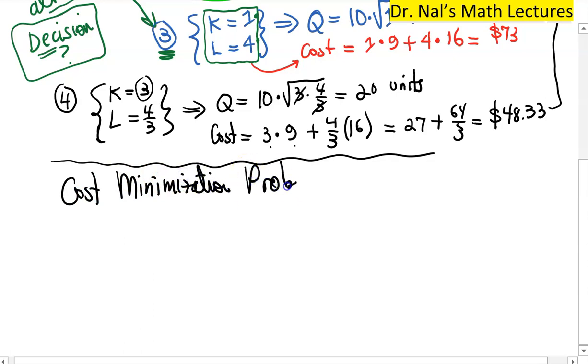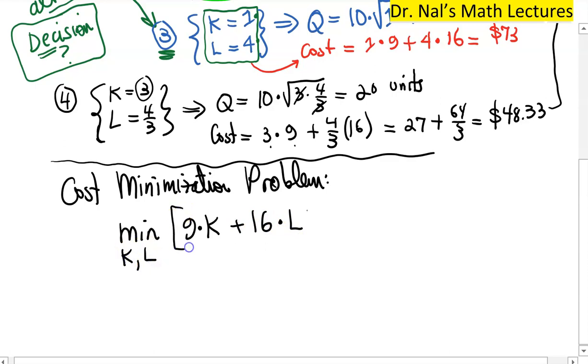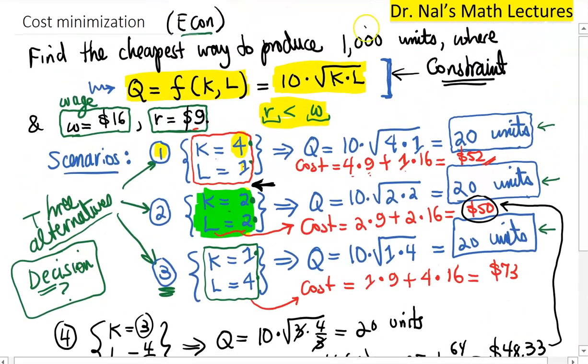The problem states the following: if you want to minimize the cost of producing a certain amount, in our particular case, $9 for each unit of capital plus $16 for each unit of labor, keep changing capital and labor such that this quantity is minimized, subject to the fact that the output you want is 1,000 units.